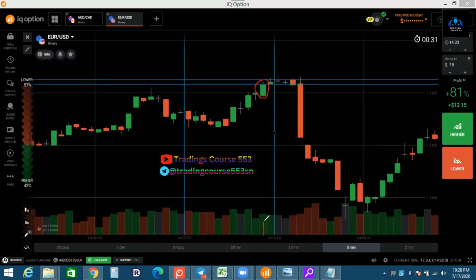Look, they tried here, but they failed. So that's the reason the next candlestick goes down. And again they tried, again they failed. Again they tried, again they failed. So that's the reason they did not break the level.